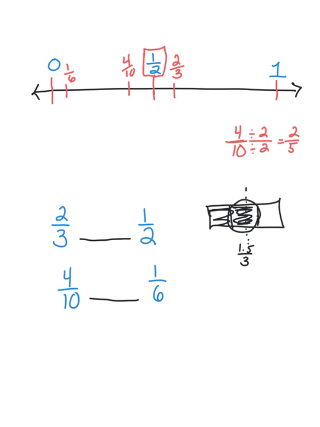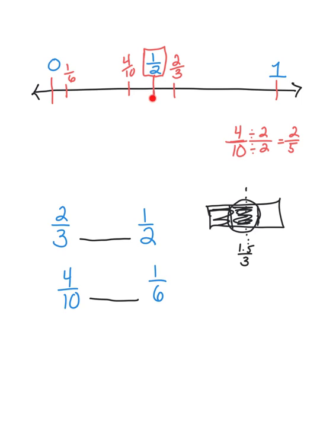So now we actually placed all of our fractions where they need to be, and now we can actually say which ones are greater, less than, or equal to. So let's look at the first one right here. 2/3 is greater than, less than, or equal to a half. Well, if we look up at our number line, here's our benchmark of a half.